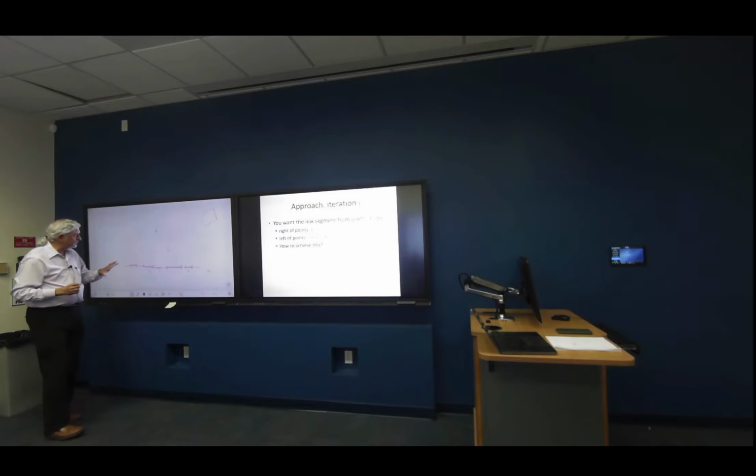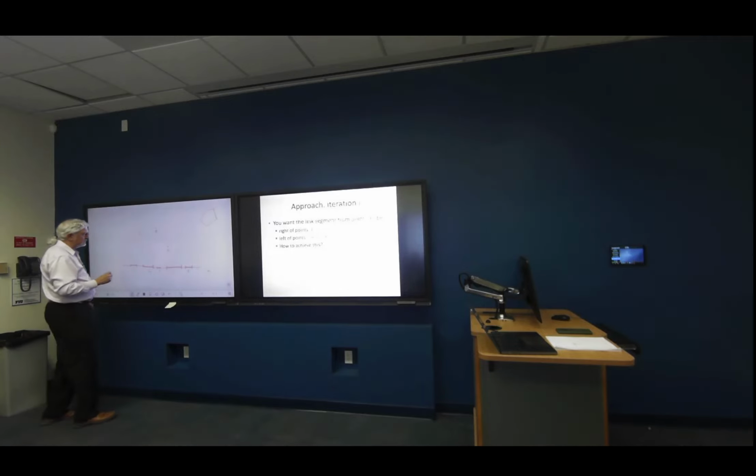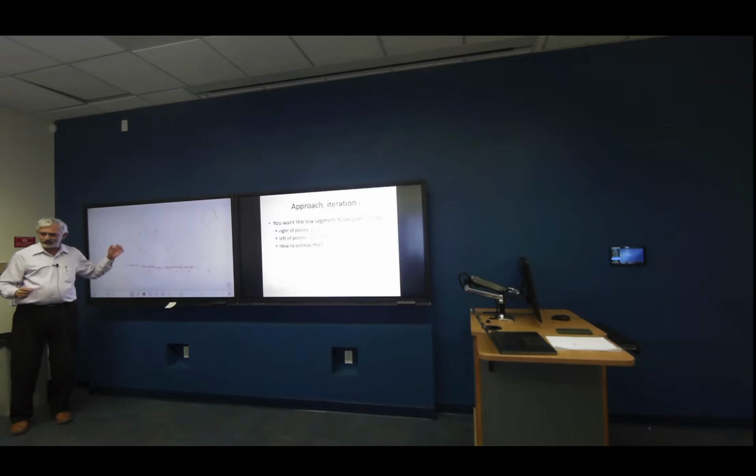Now what we're going to do is take all the points 1 through i minus 1, and build a convex hull of this. So let's assume that I build a convex hull exactly like that, and let's say it gives me this as my convex hull. Remember, the points 1 through i minus 1 could be anywhere.